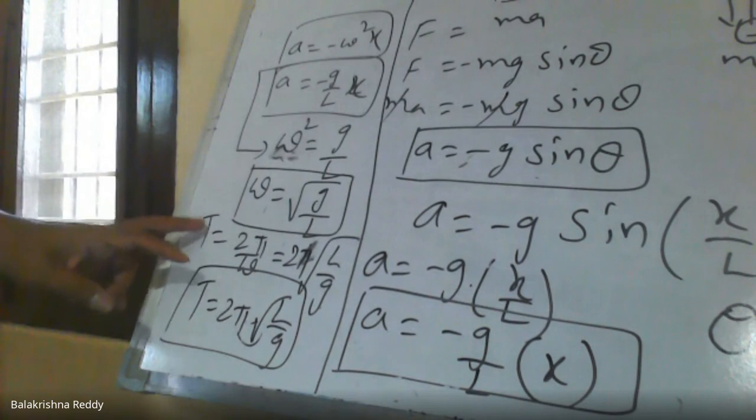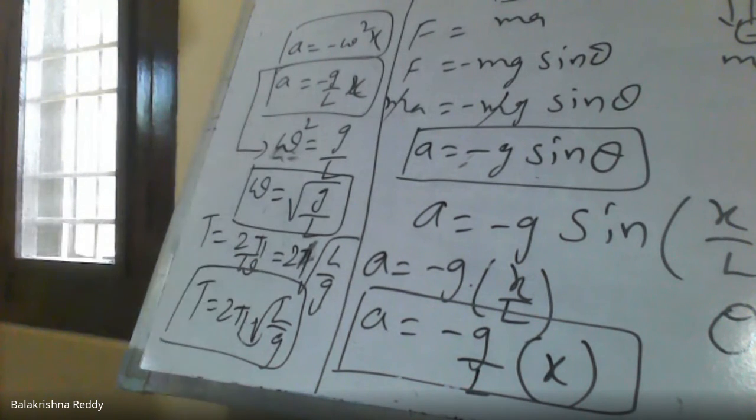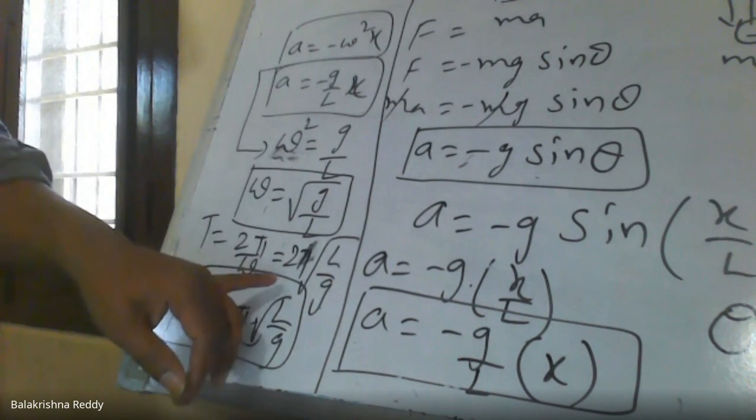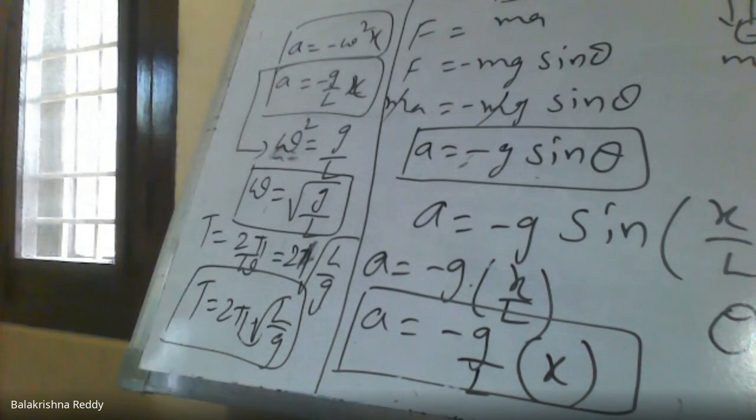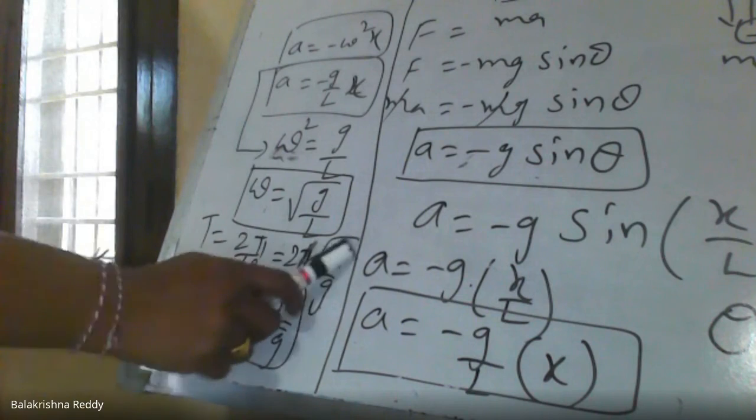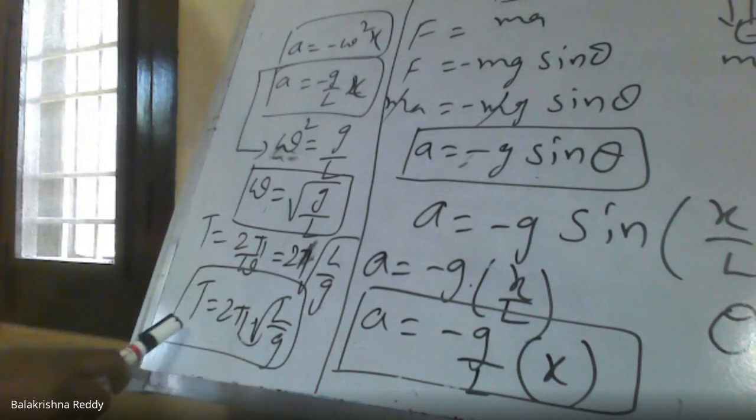We need to find the time period of the simple pendulum. T equal to 2 pi by omega, which is equal to 2 pi under root of L by g. So this is the time period of the simple pendulum.